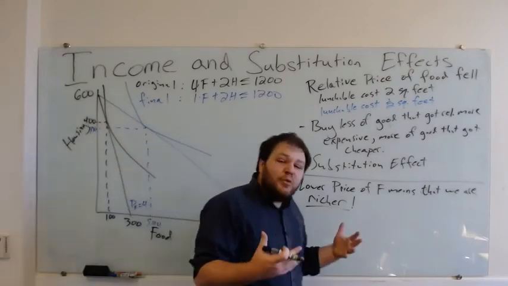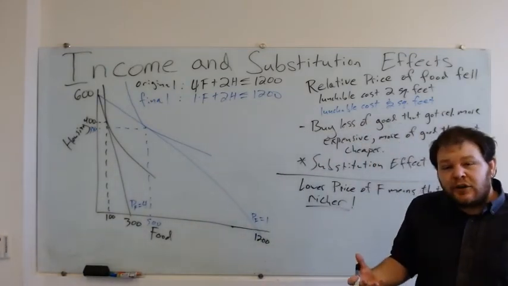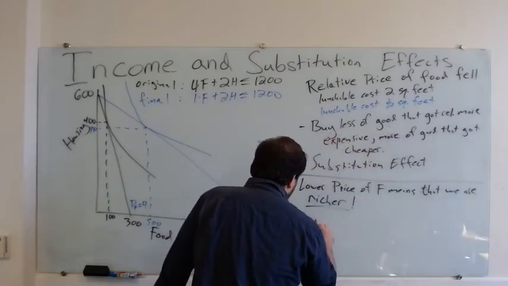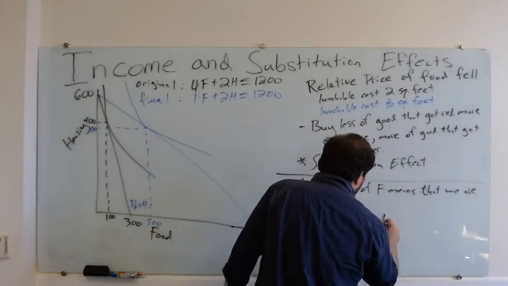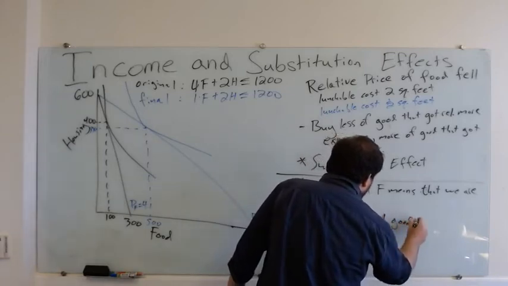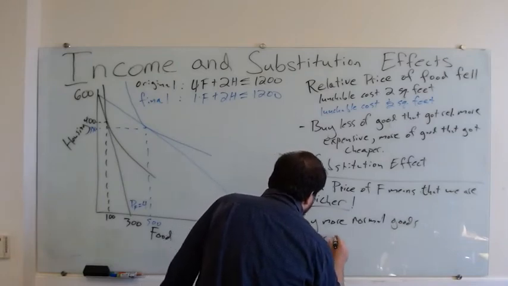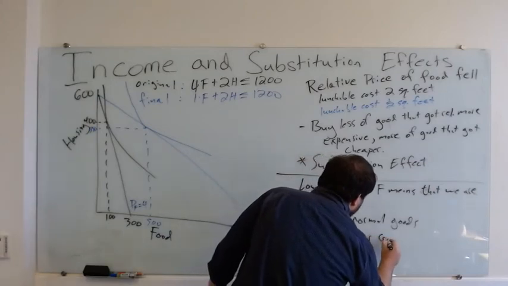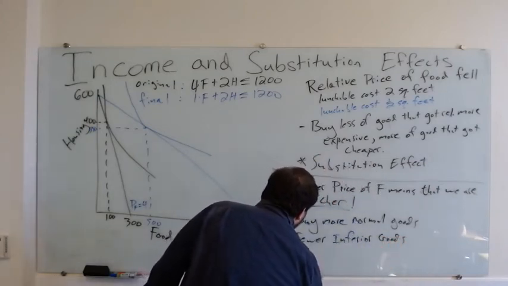And as we learned, when we talked about Engel curves, the result of getting richer is that you buy more normal goods and you buy fewer inferior goods. And we'll call this our income effect.